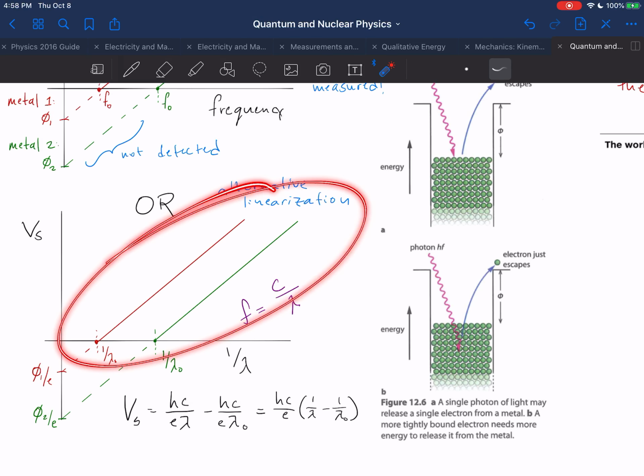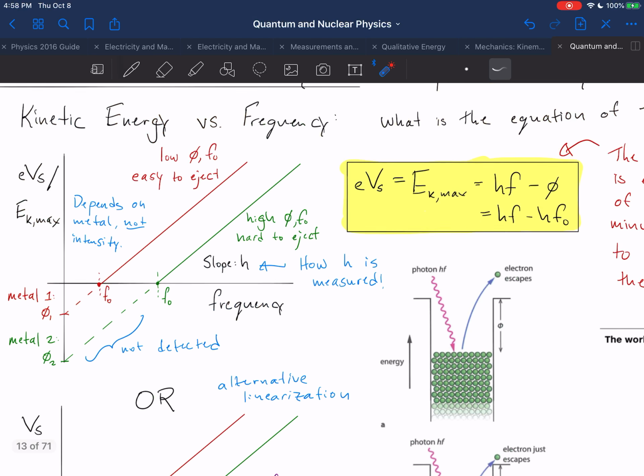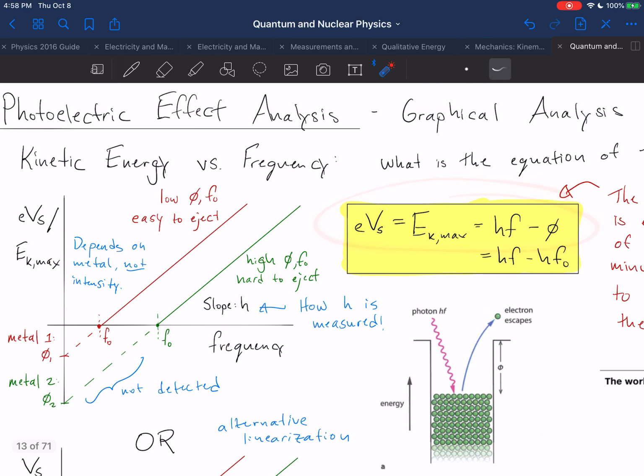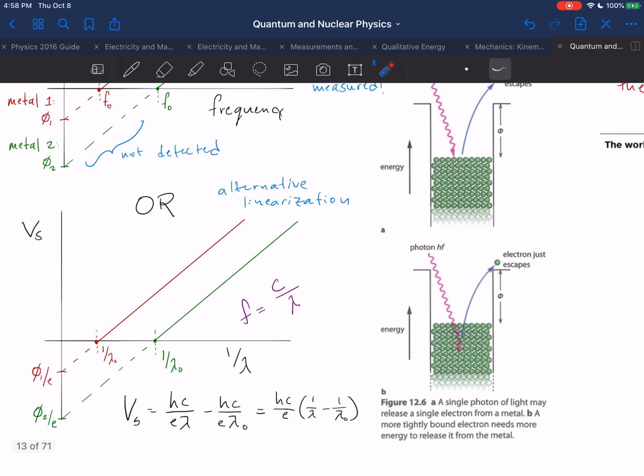To find the equation of these lines, we can consider this fundamental relationship here and then divide by the elementary charge for every term. If we do that, we get this result right here. Notice that I have also substituted in f equals c over lambda for the frequency.